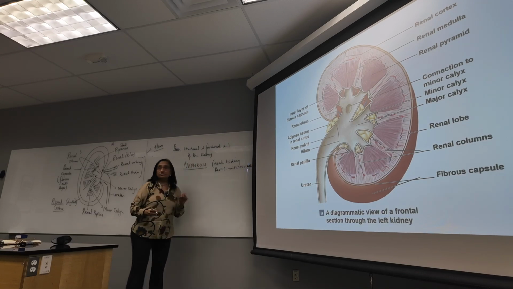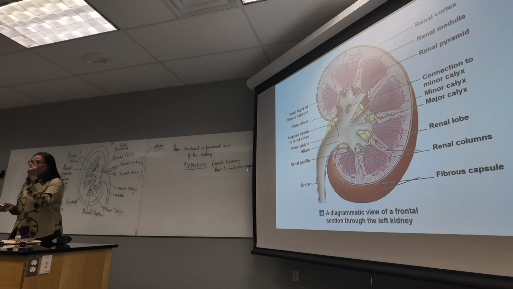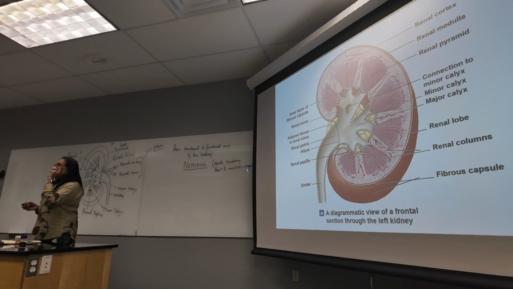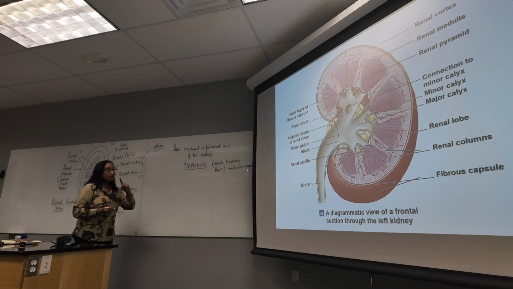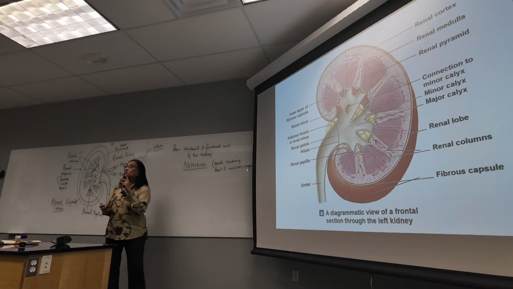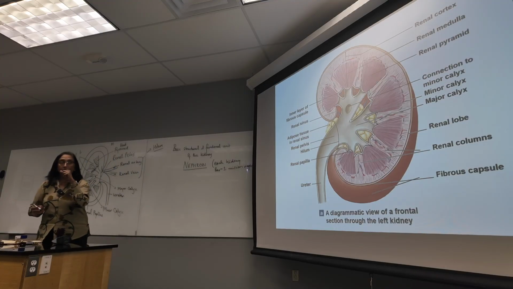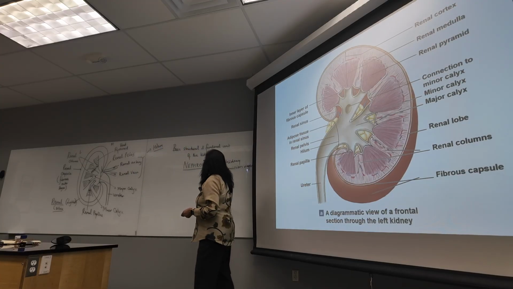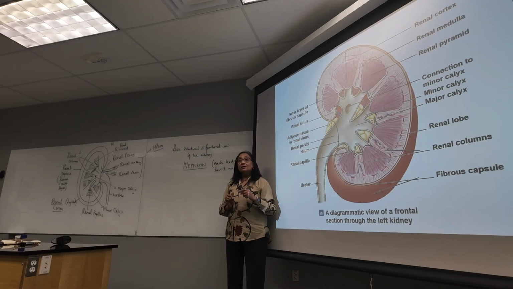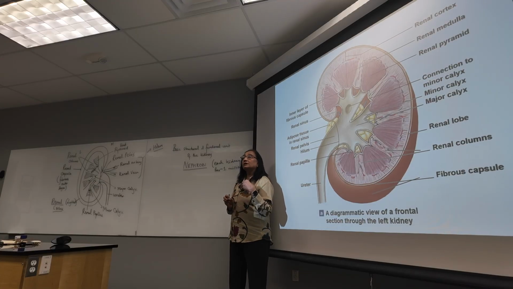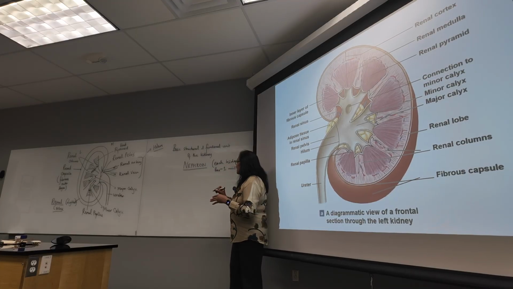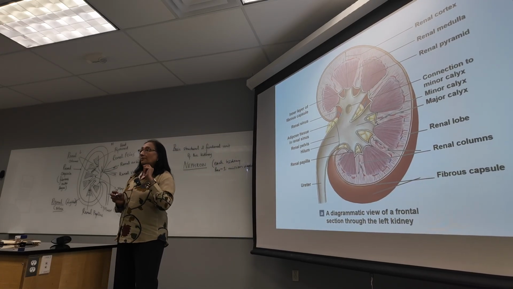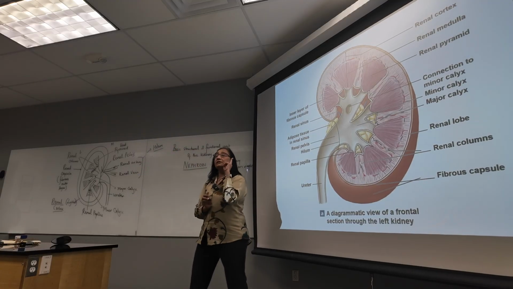That means we do have 2 million in total. But our bodily functions can be taken care of with just 1 million nephrons. We don't need 2 million. 1 million is enough to take care of all the functions that we looked at earlier. That is the reason why kidney transplant is one of the first organ transplants that was done, because a person can survive with just one kidney.